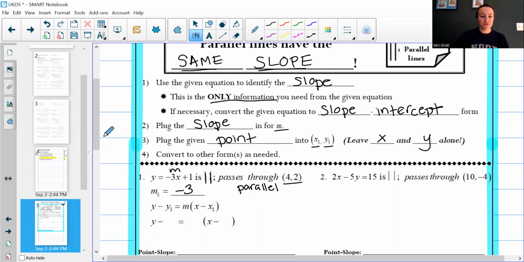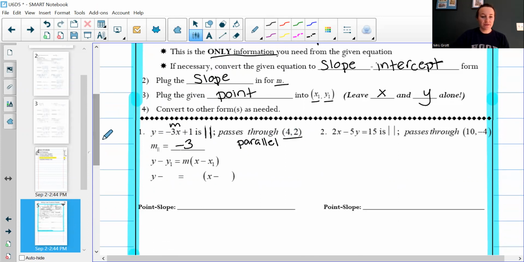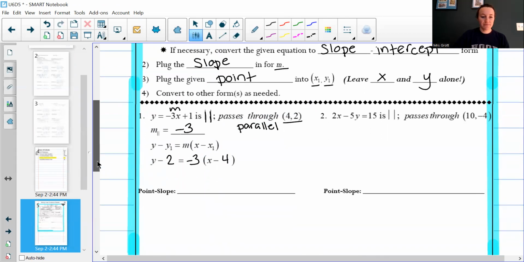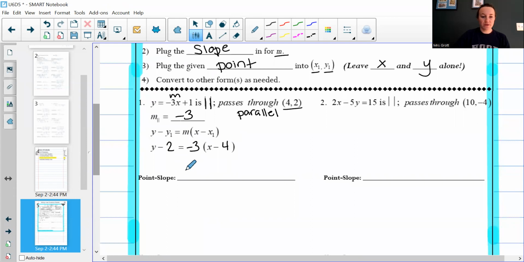And then we want to use the ordered pair that was given. So we have y1 becomes 2. My slope is the same slope, so we have -3. And x1 is 4. So in point slope form, we have y minus 2 is equal to -3 times the quantity x minus 4.